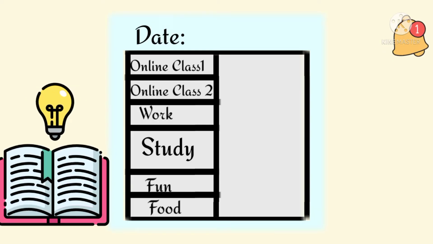Now the daily timetable. So I recommend the daily timetable to those who have the problem of procrastination, or who are facing problems to focus on studies for a longer time. So this kind of timetable is for daily timetable. First, on the left side, you arrange all the work you have to do like online classes, work, study, food, or all the tasks that you do in a day.